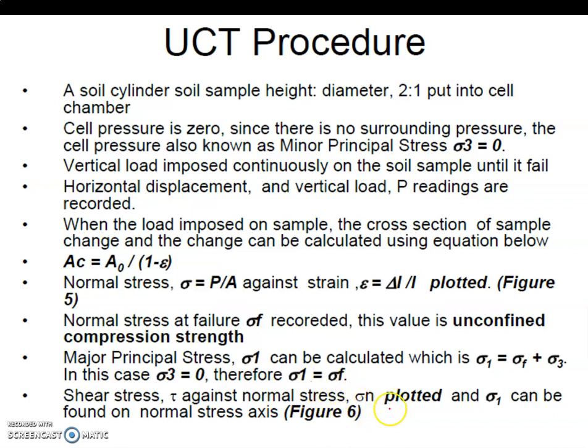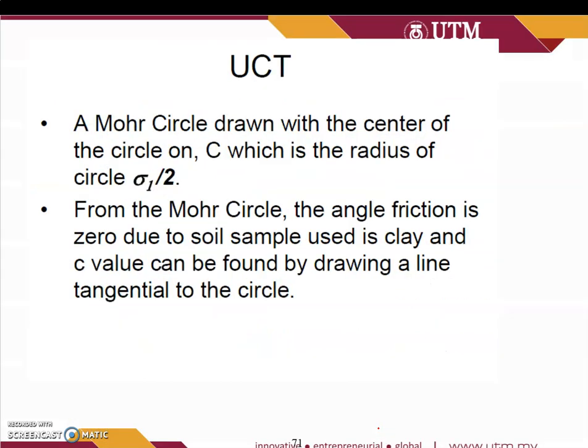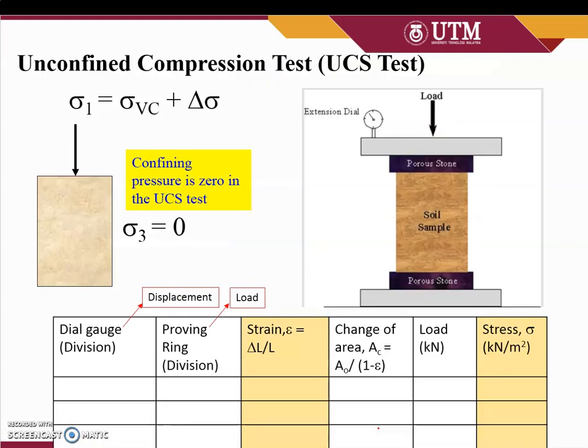From there we can plot a stress-strain graph, and another graph, the shear stress versus the normal stress graph. Alright, note that we have a dial gauge to measure the displacement. We also have the proving ring to record the loading that we applied. As we know the initial height of the sample, we can calculate the strain.